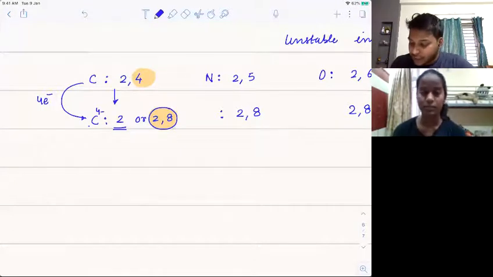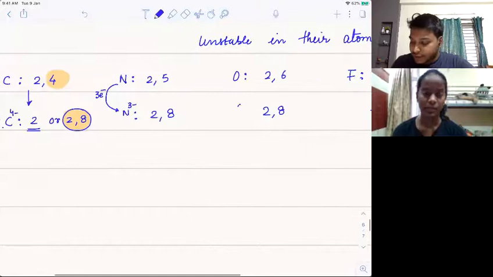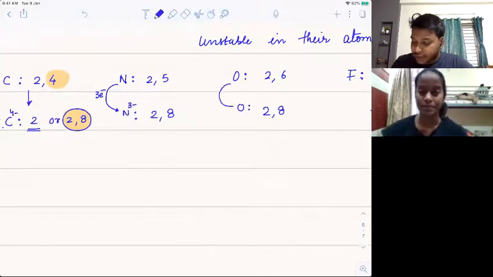Similarly, nitrogen, if it has to become 2, 8, has to accept 3 electrons. That means it would become N 3 minus. Oxygen, if it has to become 2, 8, should accept 2 electrons, so it becomes O 2 minus.